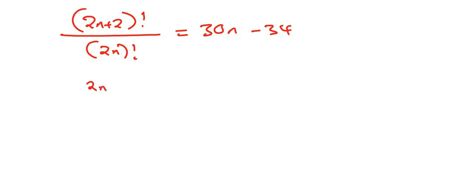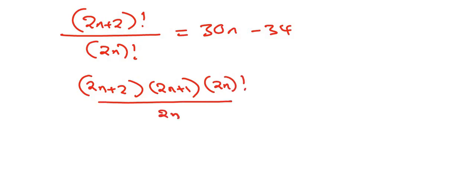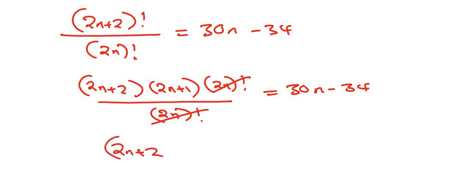So we're going to have 2n plus 2, then minus 1, this is going to be 2n plus 1, minus 1 again, this is now going to be 2n factorial, over 2n factorial, equal to 30n minus 34. Then we cancel this. When you cancel this, you're going to get 2n plus 2 times 2n plus 1 is equal to 30n minus 34.